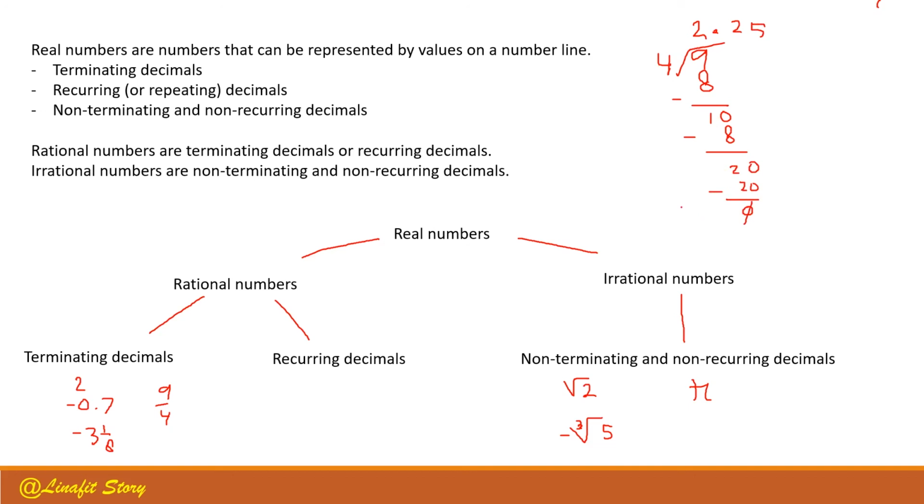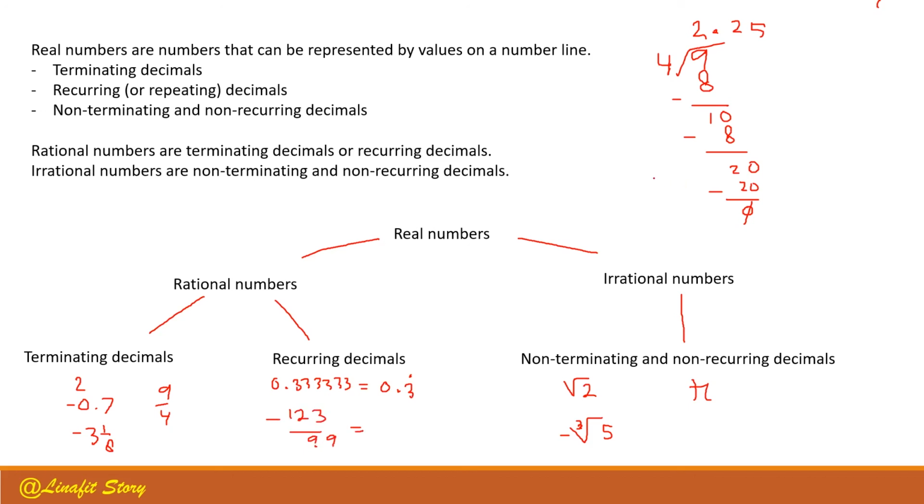This is a terminating decimal. Then for the recurring decimals, for example, 0.33333. You can write it as 0.3 and put a dot above the 3. And then negative 123 out of 99.